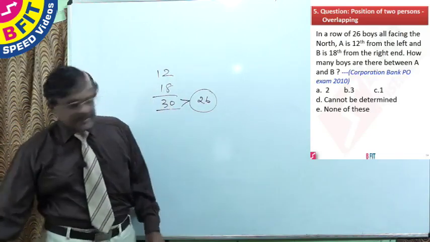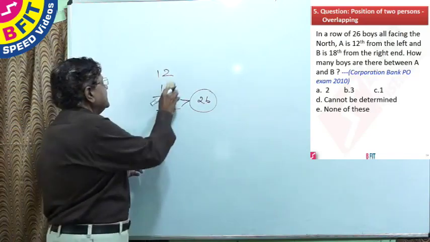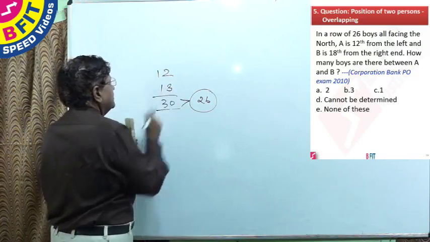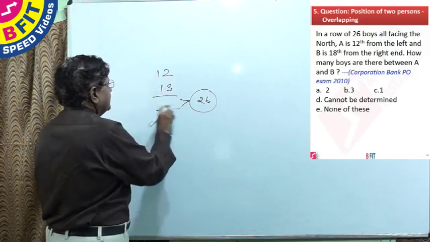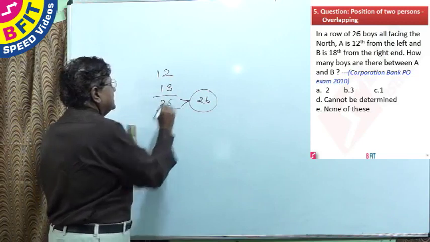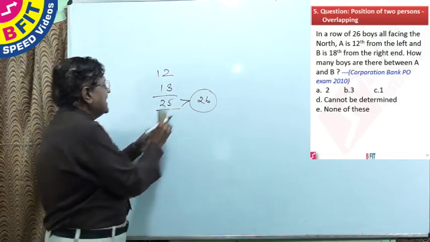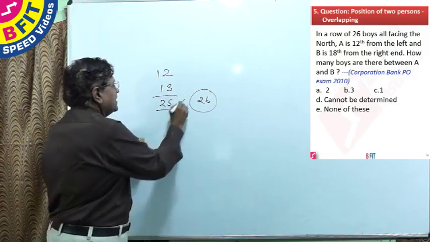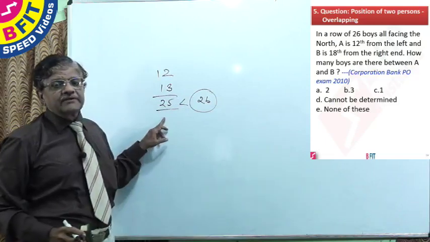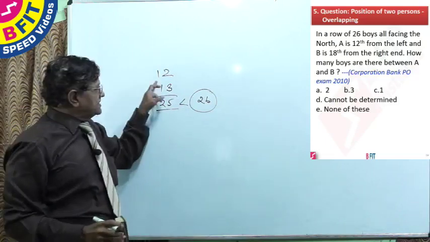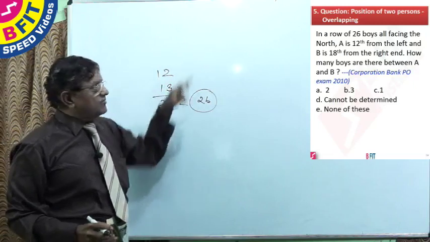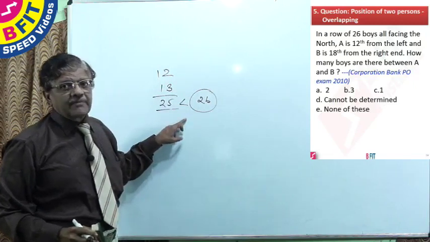Suppose instead of 18, this is 30 and this is 25. 25 is less than 26 and therefore it is not a question of overlap. So wherever this total is more than the total number of persons, then that is overlapping.